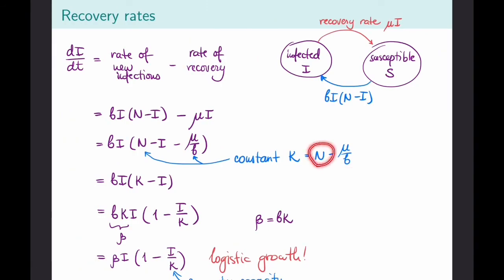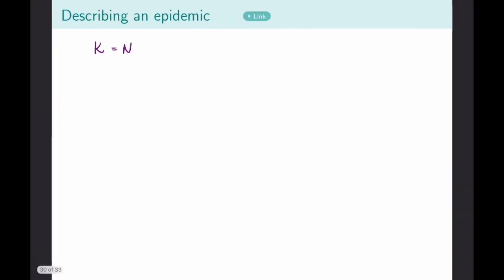So the total population size minus some kind of proportion between the recovery rate and the spread of the actual disease rate. So n minus mu over b. What we have in the epidemic case is when k is greater than 0. So what does that mean for how our n, mu, and b interact?